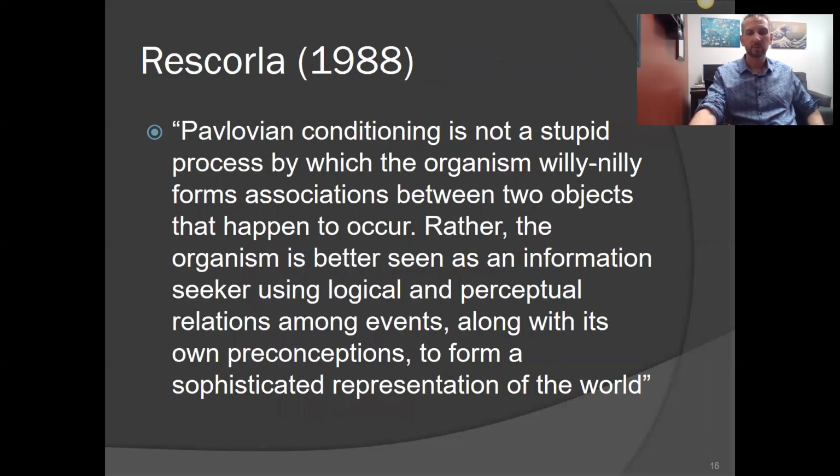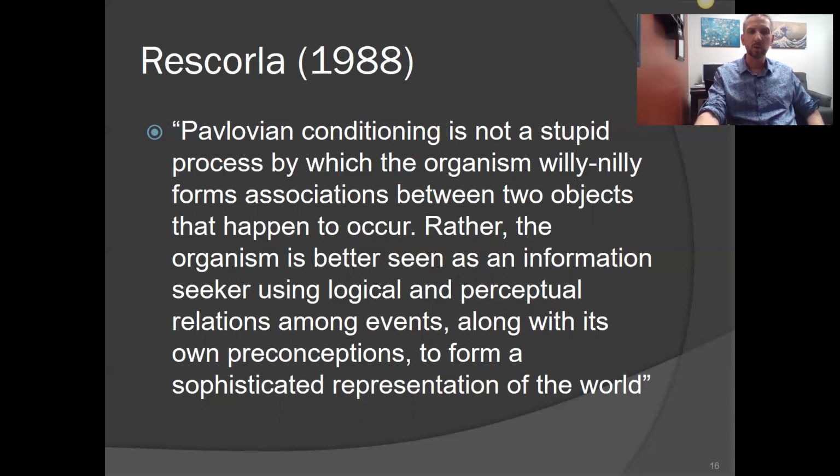So Rescorla had this quote. I think it's helpful to think about it. Pavlovian conditioning is not a stupid process by which the organism willy-nilly forms associations between two objects that happen to occur. That's usually how we learn about classical conditioning.